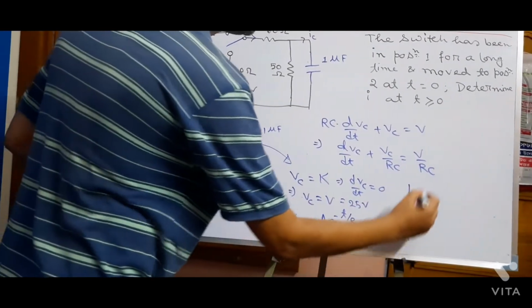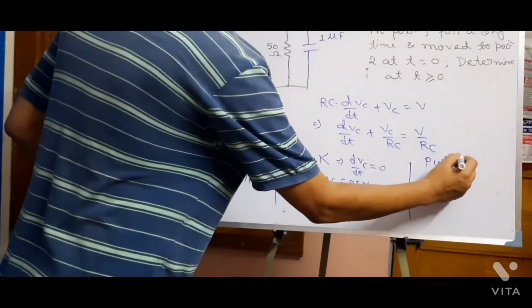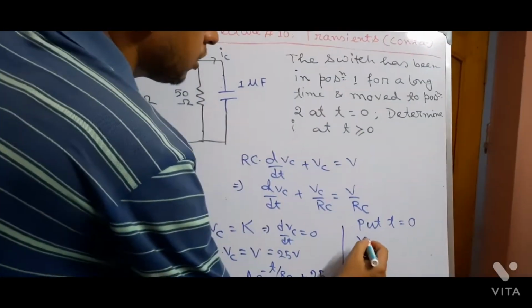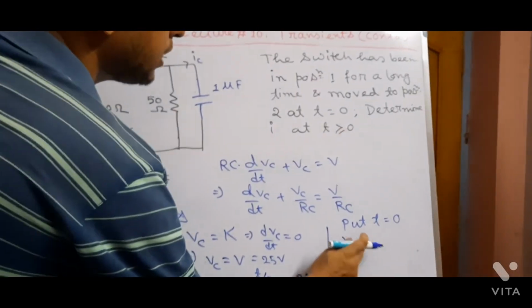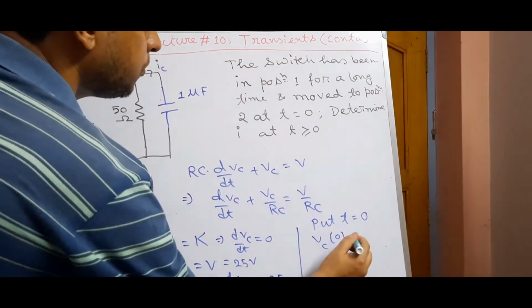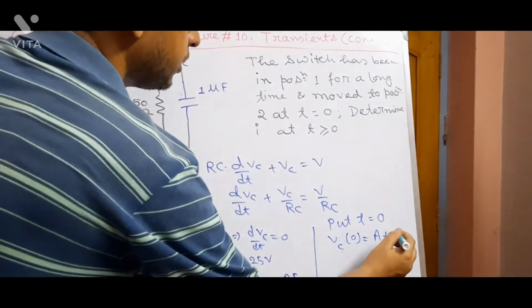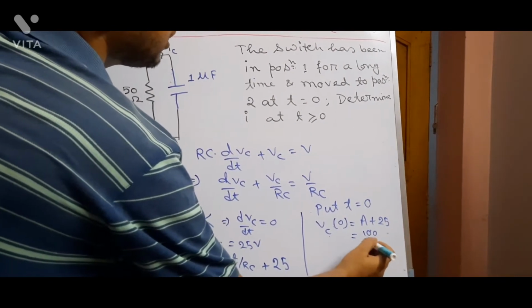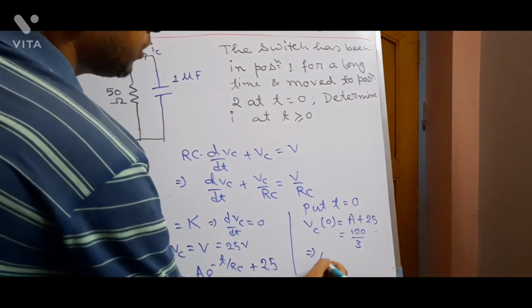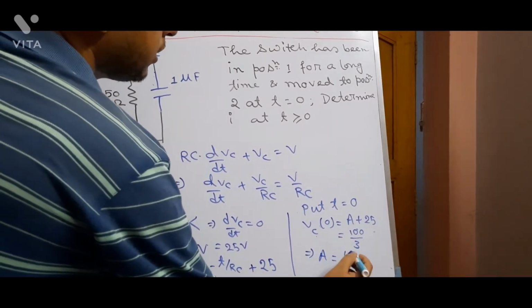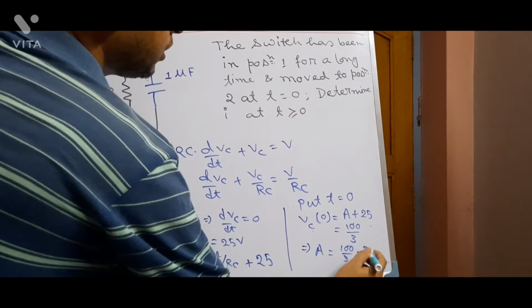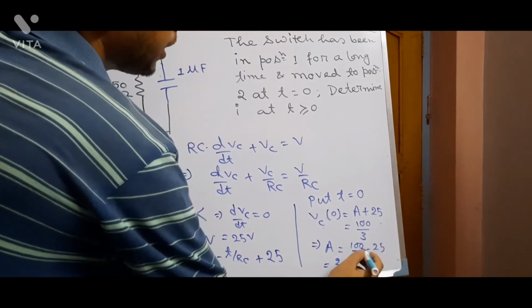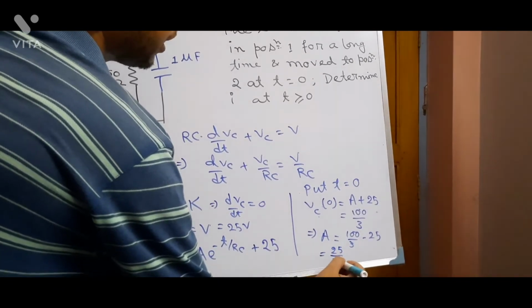Now put t equal to 0. Vc at t equal to 0 will become A plus 25. Now A plus 25 is the initial condition, 100 by 3. So A equal to 100 by 3 minus 25, so 25 by 3.